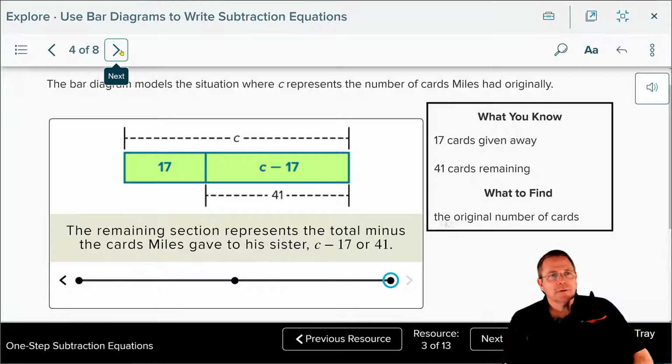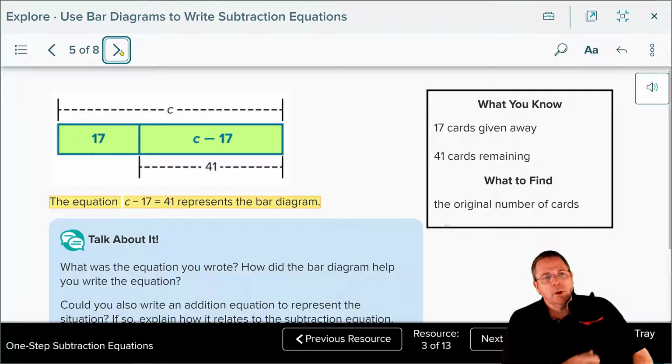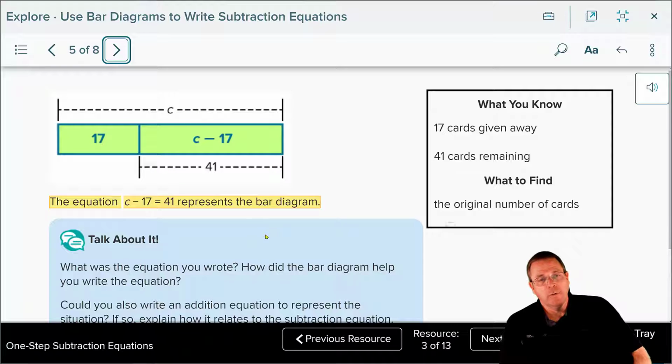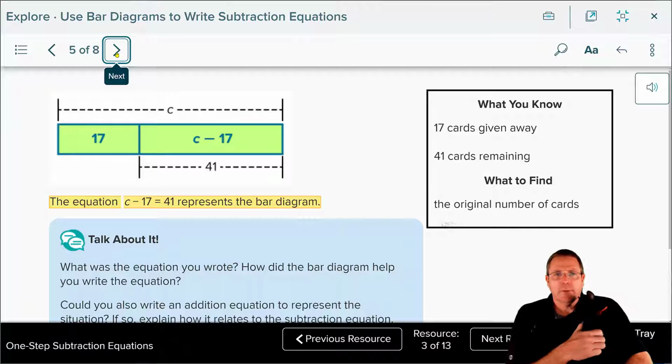That leads us directly to the equation: C minus 17 is equal to 41. So your C value minus your 17 is equal to your 41. And that's all you have to do for this one. They're not asking us to solve the equation, they're just asking us to create the equation.